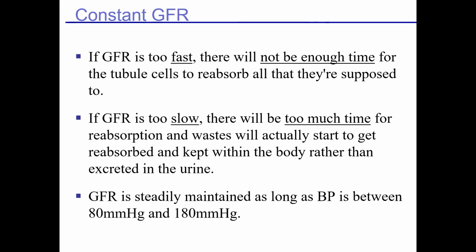One of the signs of diabetes, of course, is that glucose is present in the urine. It shouldn't be there. Any glucose we get in our urine normally is all reabsorbed into the peritubular capillaries. So if our rate is too fast, we're not going to get it all back.